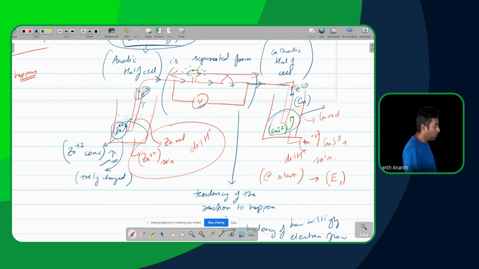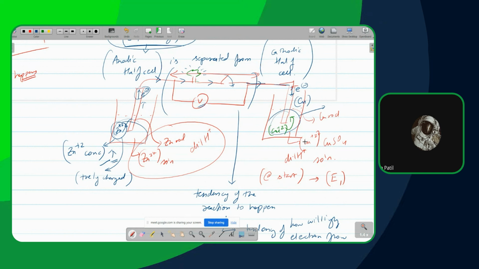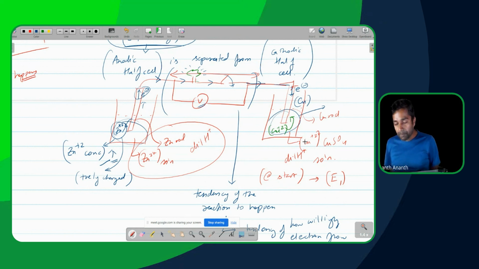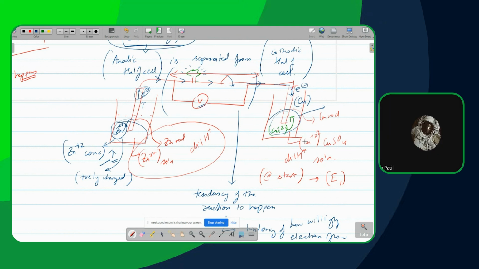What is the copper 2 plus paired with in the beginning? Copper 2 plus is accepting electrons. Copper rod?